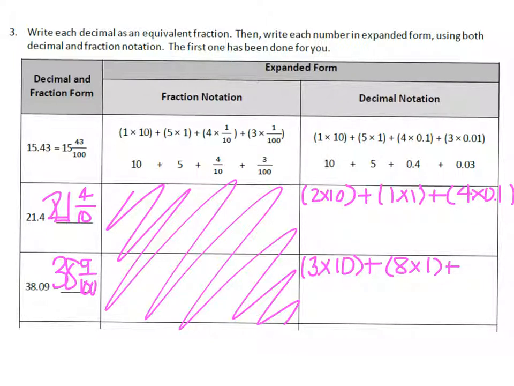Plus, we will move on to the next place value, which would be tenths. We don't have any tenths, so our notation is going to be 0 times 0.1, plus the next place value, which is hundredths. We have 9, so our notation is going to be 9 times 0.01.